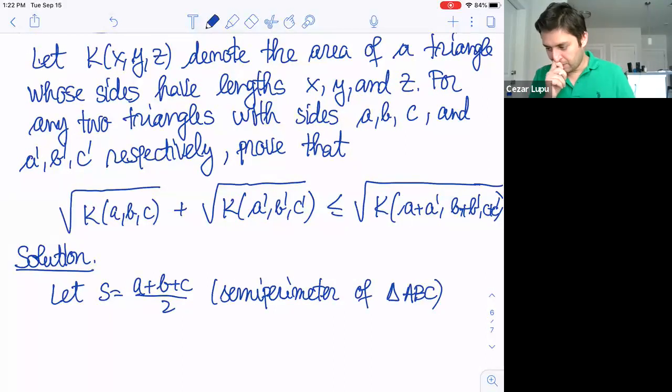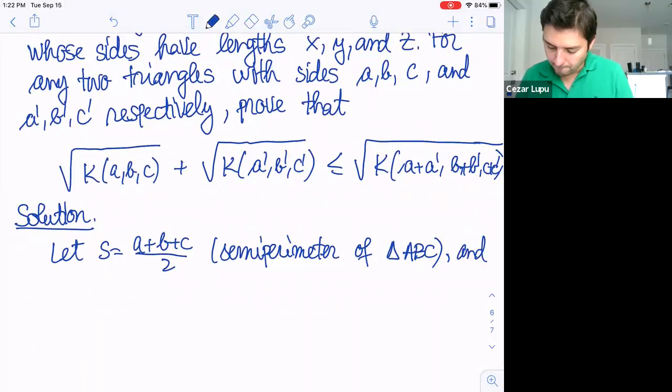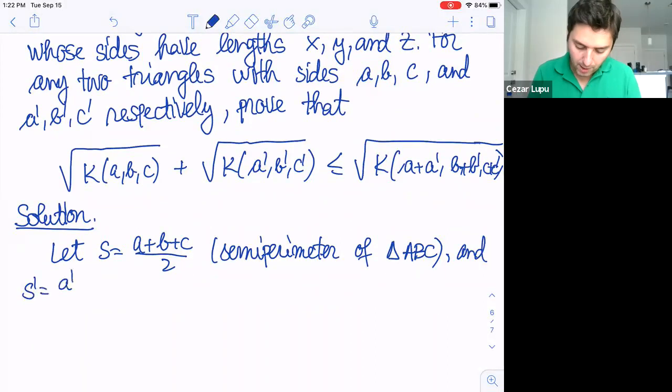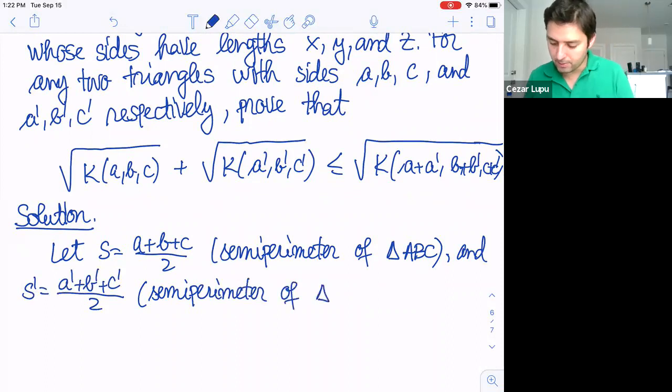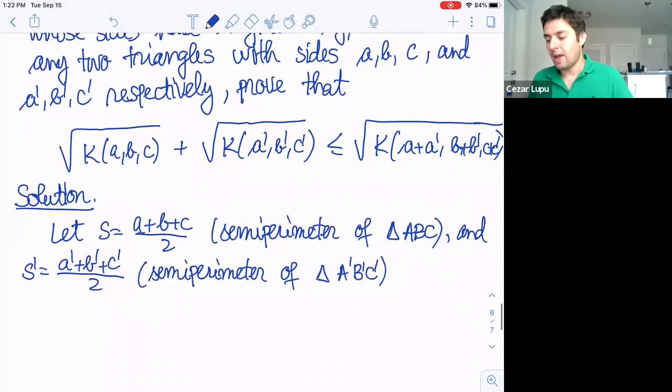And S prime is A prime plus B prime plus C prime over 2. This will be the semi-perimeter of the triangle, let's say A prime, B prime, C prime, right? Let's call it like this with the side length. All right.